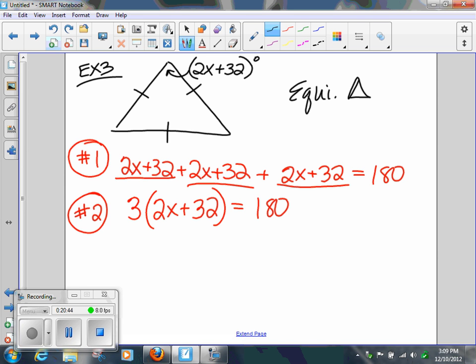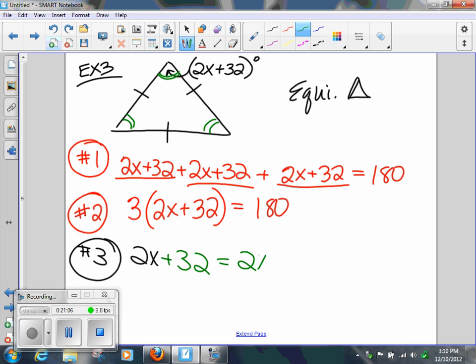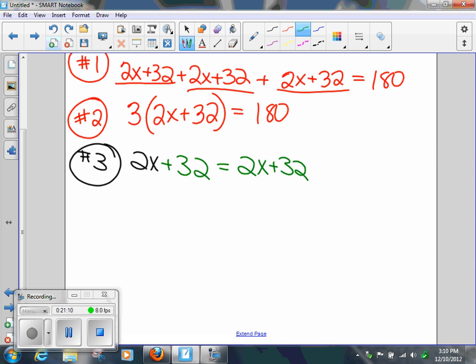All right, let's think about it. Maddie, what you're saying is all of these angles are congruent, right? And you're right, they are. But if I say 2x plus 32 is equal to 2x plus 32, let's think about that algebraically.